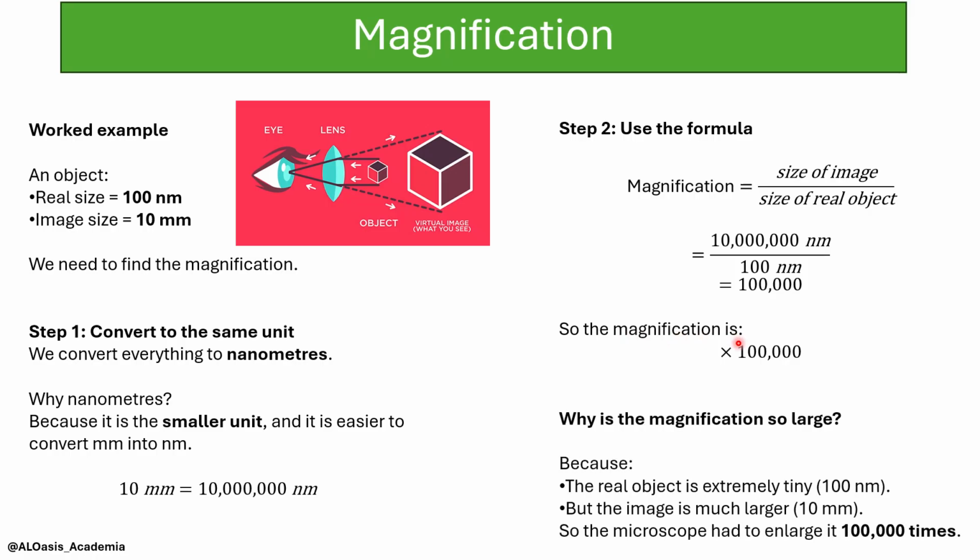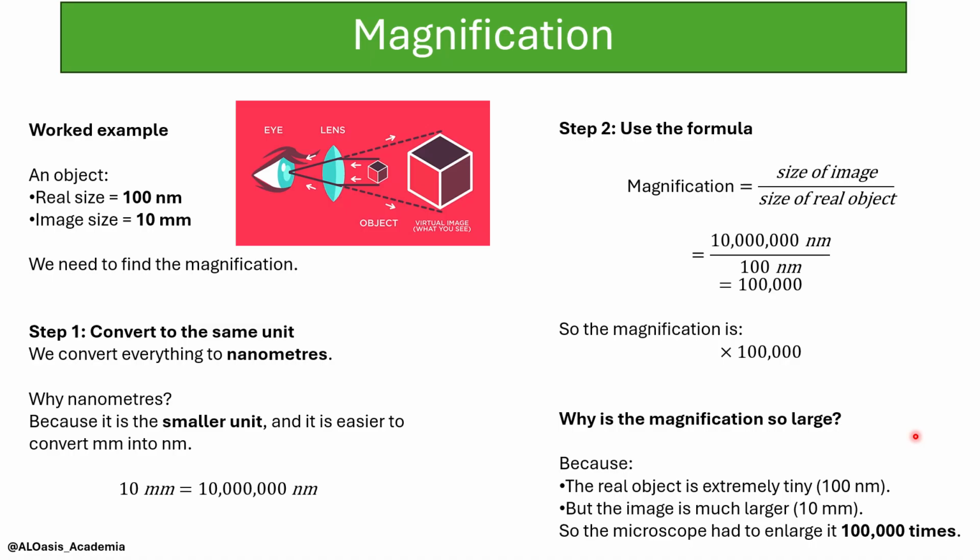What does that mean? It just means that the real object is really small. It's just 100 nanometers, and it required us to magnify it 100,000 times to be able to see it in an image, which is 10 millimeters. And that's the whole thing.